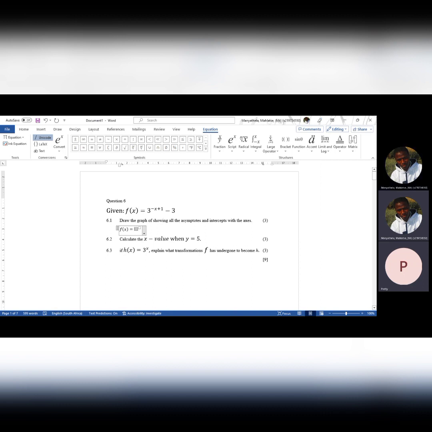So we'll have 3 to the exponent negative 0 plus 1 subtract 3. This one you can just do on a calculator straight away. It will give you an answer. You don't have to sweat.